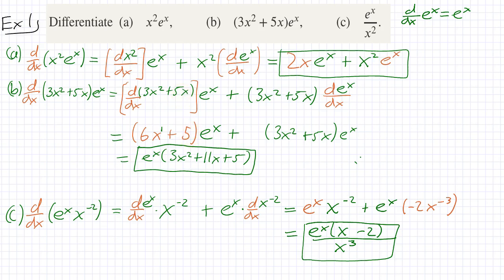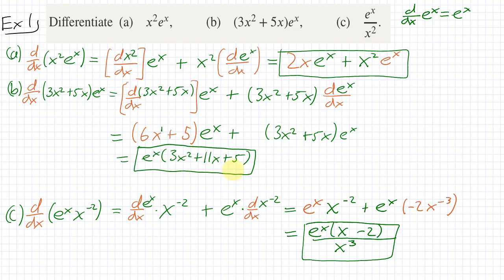And then the second part here, we have the original 3x squared plus 5x unchanged, and then times the derivative of e to the x, which actually is also unchanged because it's equal to its own derivative. And this is what we get. So all of these end up having an e to the x.